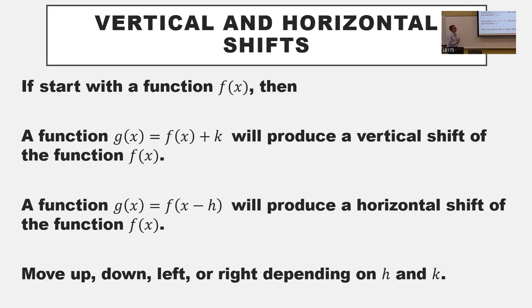We take our base function f of x, and then we say, let's do f of x plus k. That produces a vertical shift of the function f of x.